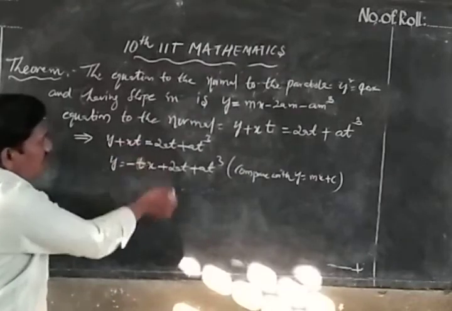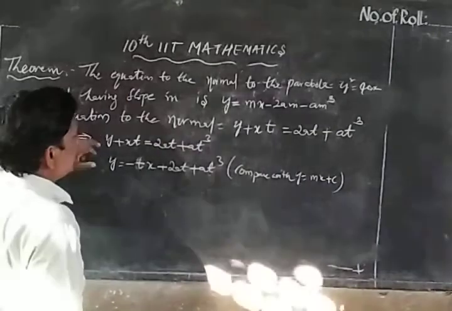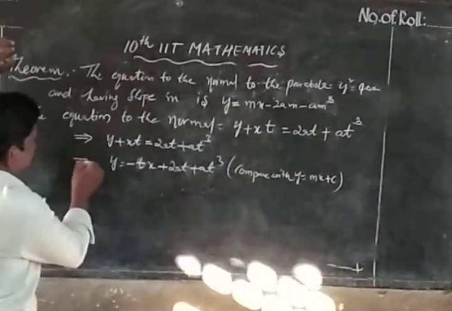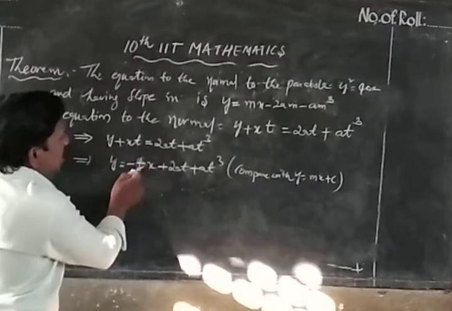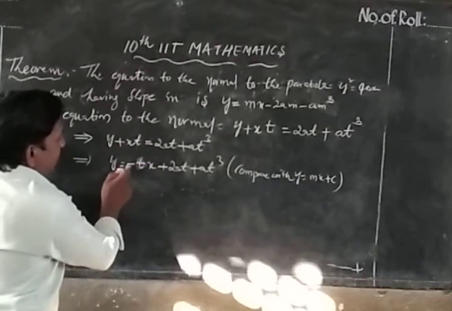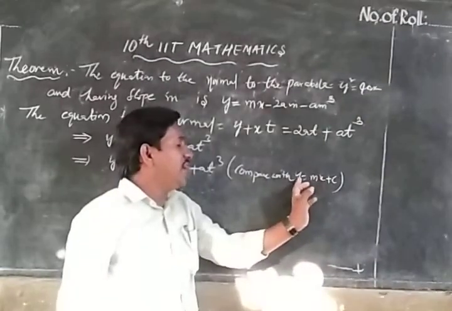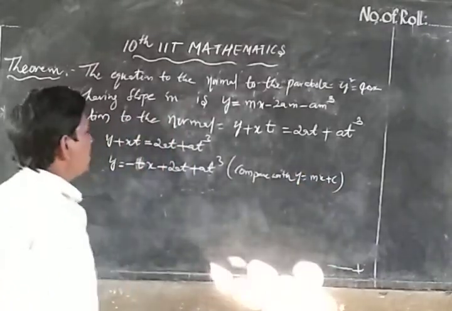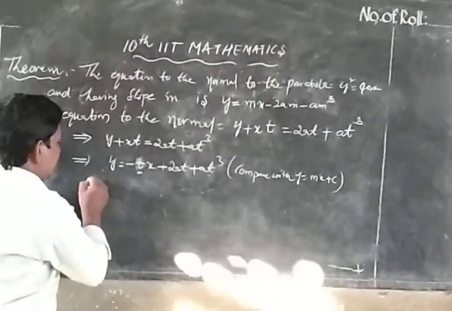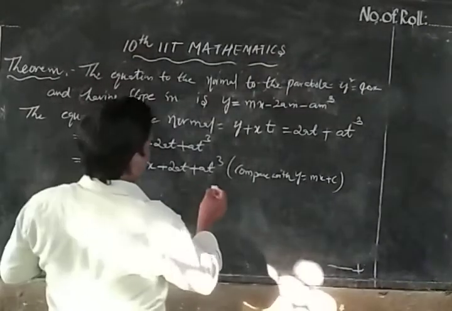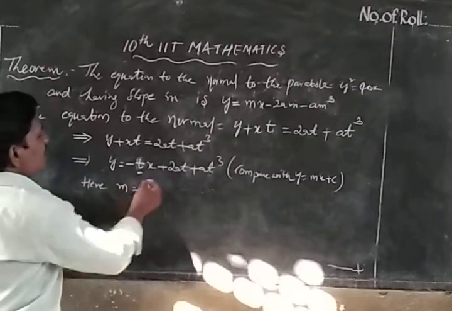Y + xt = 2at + at³ is the given normal equation. Now, by rearrangement, y = -tx + 2at + at³. Compare with y = mx + c. Here m means slope. What is the m value? Here m = -t.